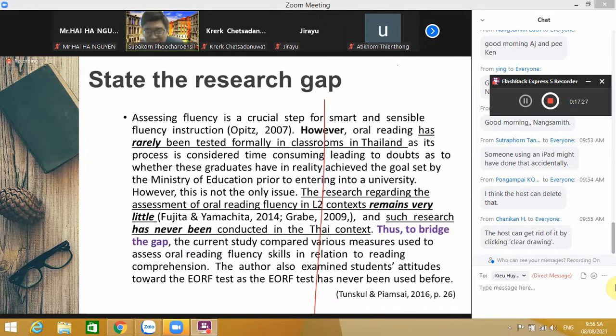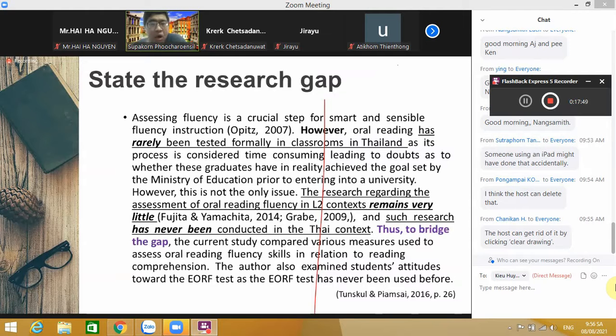Another study is by Ajahn Chatraporn from Kuli again, right, published with us. In her study, actually, Ajahn Chatraporn and her student wrote: assessing fluency is a crucial step for smart and sensible fluency instruction, right?